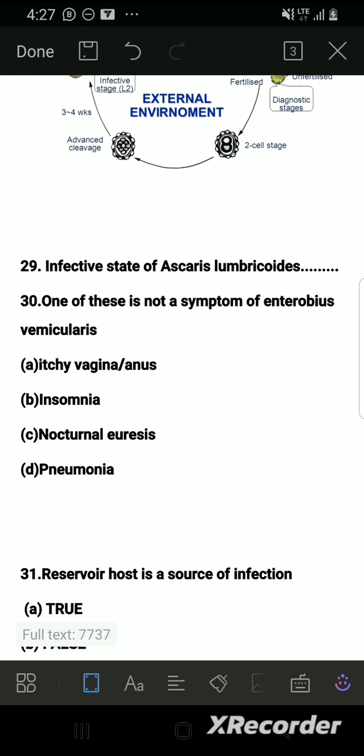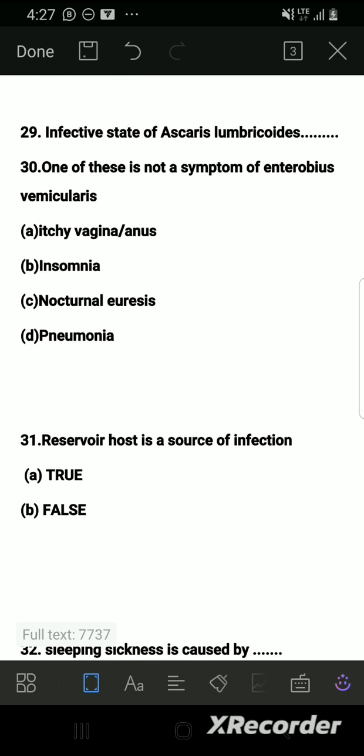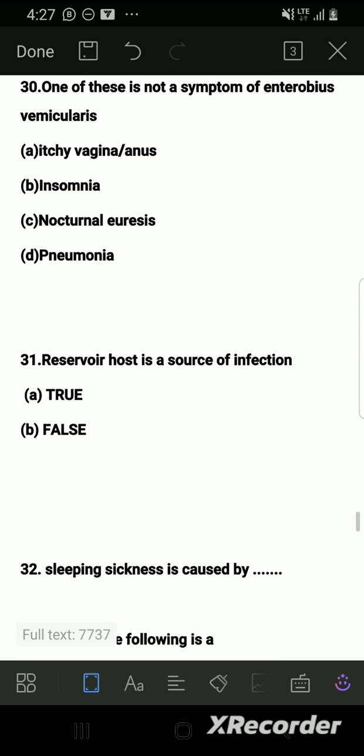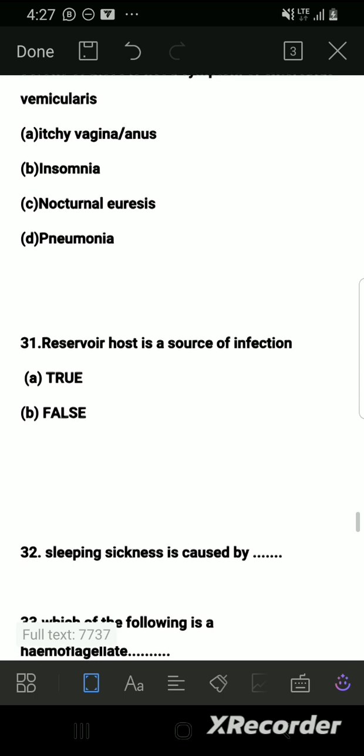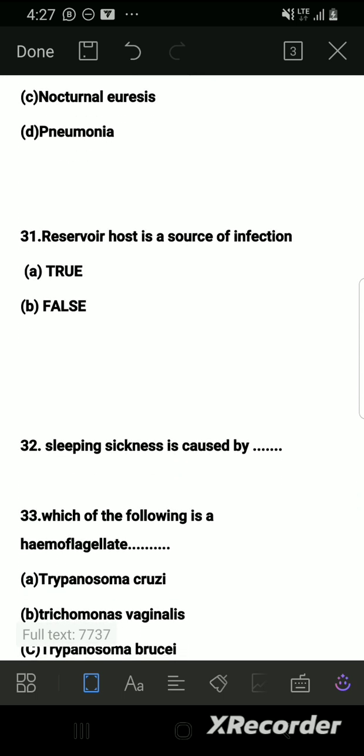So it leads to itching of the anus or vagina. This itching leads to insomnia, inability to sleep, and discomfort. Then pneumonia, when it starts migrating to different lungs and airways.